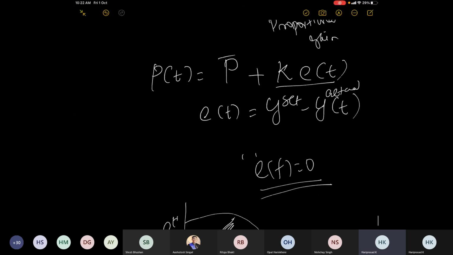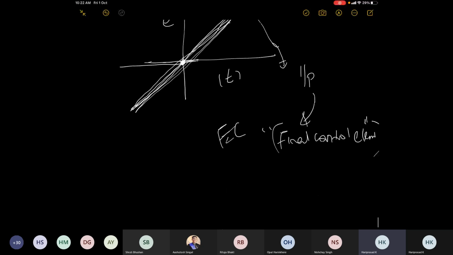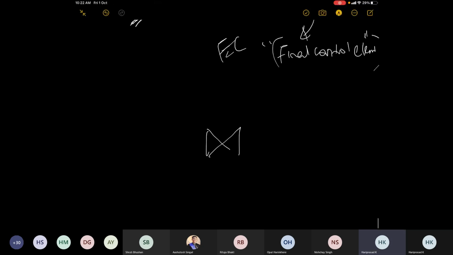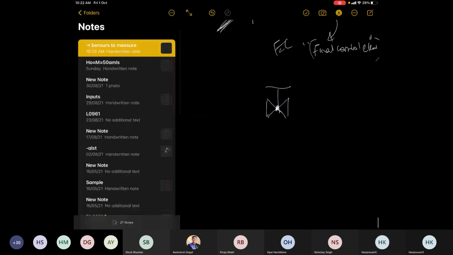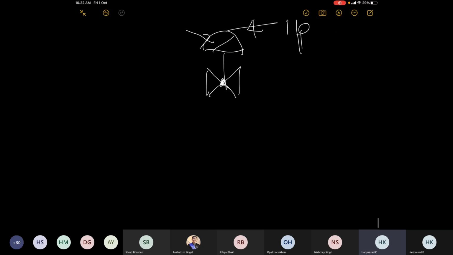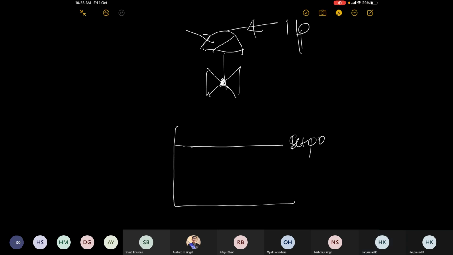Now the problem I am trying to describe is this. You have your control valve, which is pneumatically operated, and you have a plug and a diaphragm, and you have air on the diaphragm, and this is the signal from I to P. Sometimes what would happen is, let's say your process output is like this, and this is the target set point, and this is y of t with respect to time.